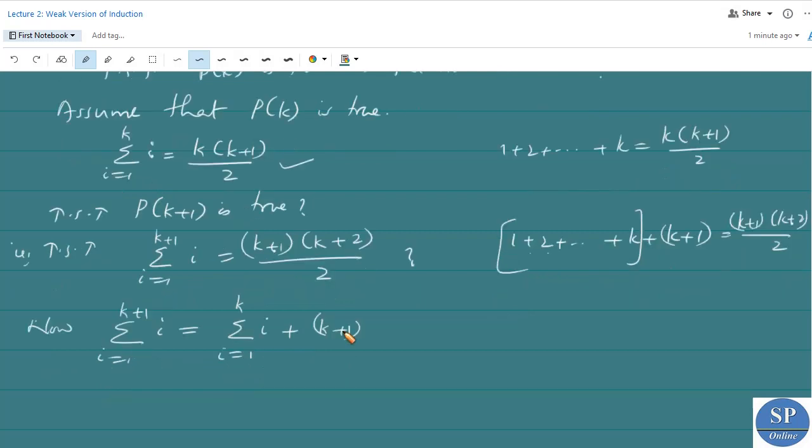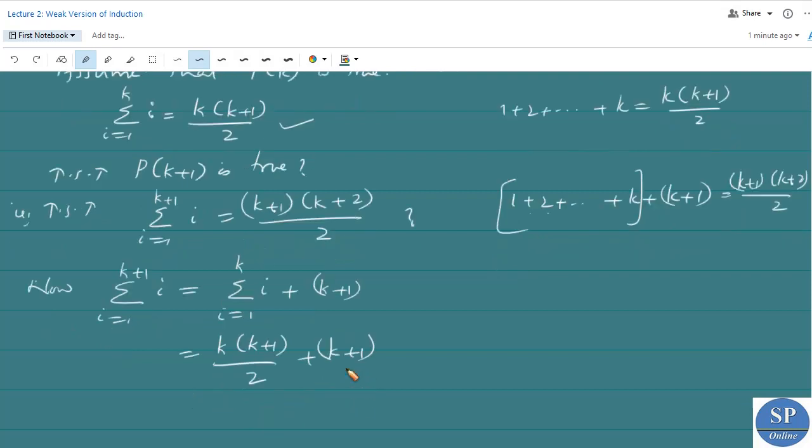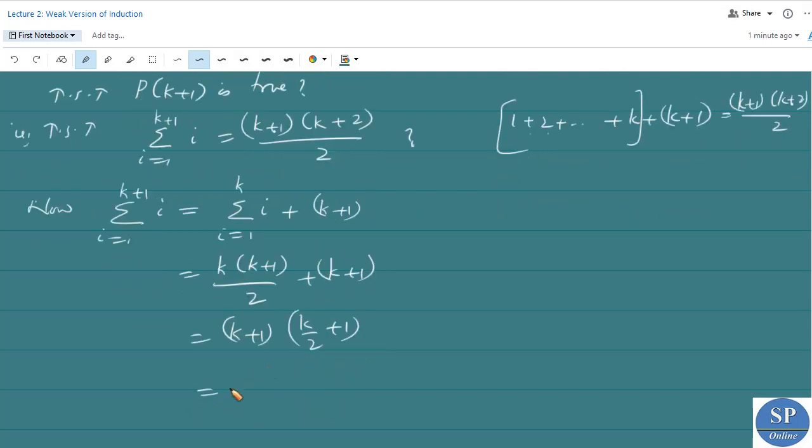But we have the sum of these as k into k plus 1 by 2. So this is equal to k into k plus 1 divided by 2 plus k plus 1. Taking k plus 1 outside, we get k plus 1 into k by 2 plus 1, which is nothing but k plus 1 into k plus 2 divided by 2. So this is equal to this.